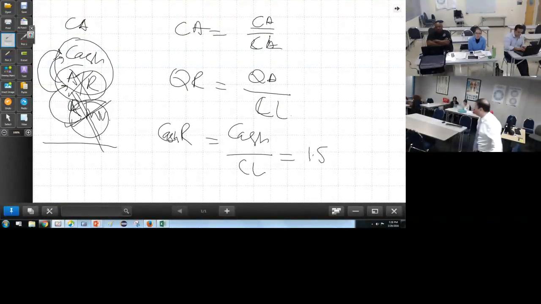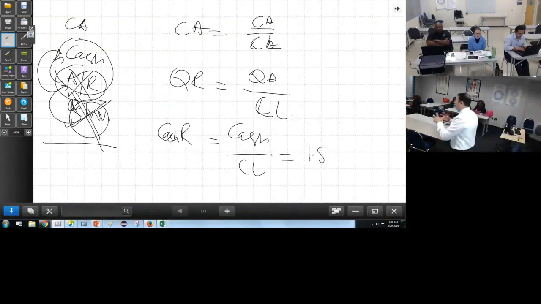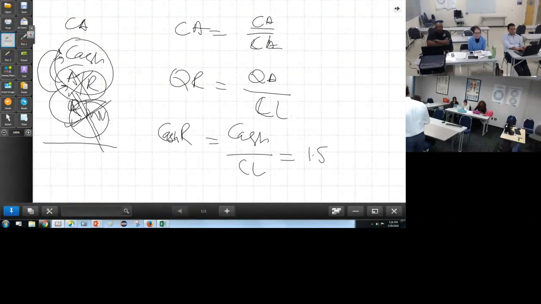Even the cash that the company is holding is very large, 1.5 times more than the current liabilities. So even if all the employees and the bills and every current liability comes on the same day, okay, everybody is knocking on the door, still the company is able to pay everybody. They will still be in business because it has a large amount of cash.